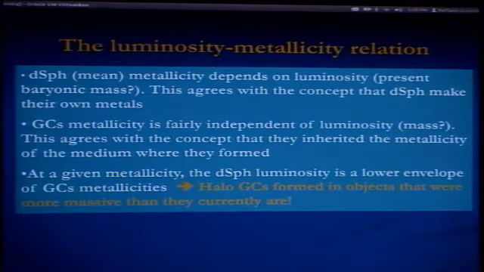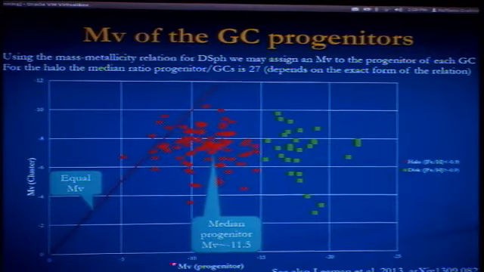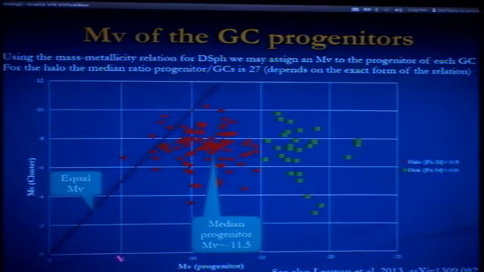And clearly these are much larger than the mass of the cluster now, because of the shape of the relation. So in this way, we can consider this line here the same thing that we showed before, the relation between metallicity and mass of the dwarf spheroidal.